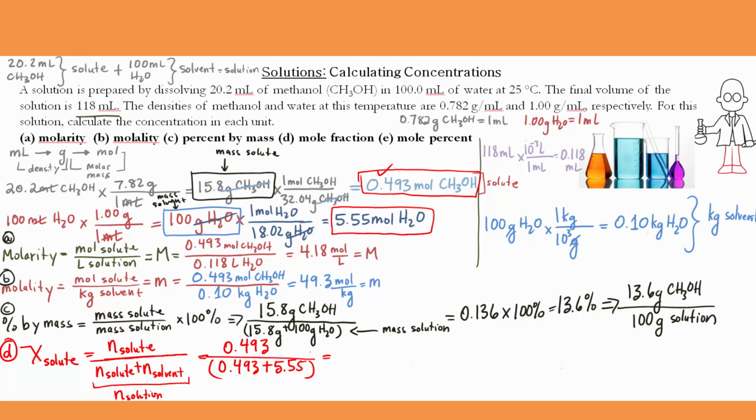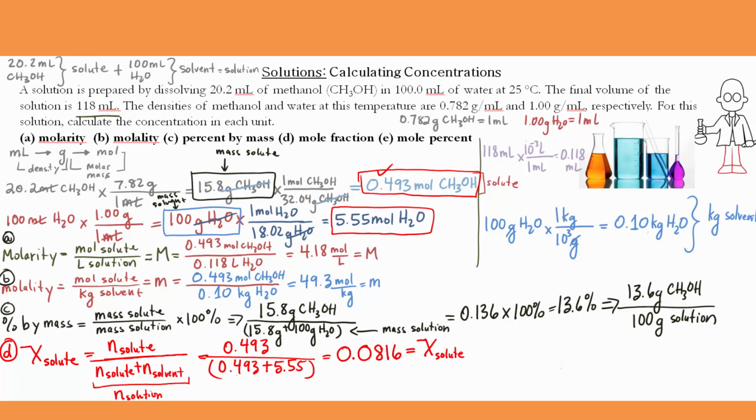So we divide 0.493 divided by 0.493 plus 5.55, and our mole fraction is 0.0816. So that is equal to chi of solute.